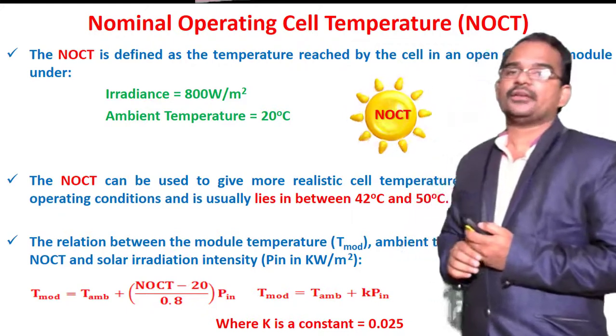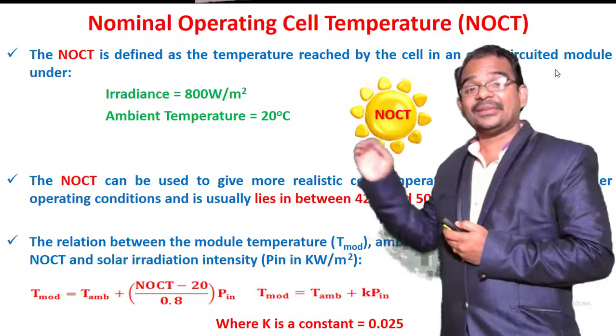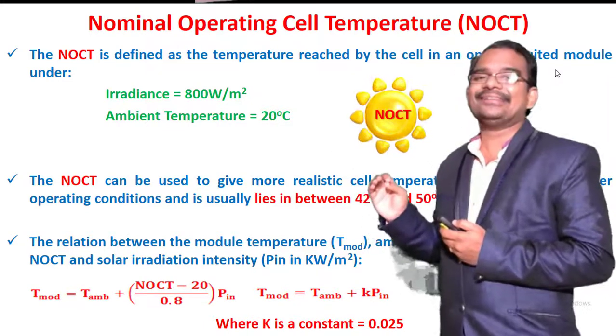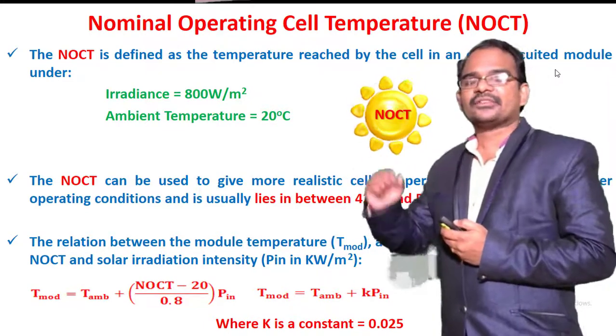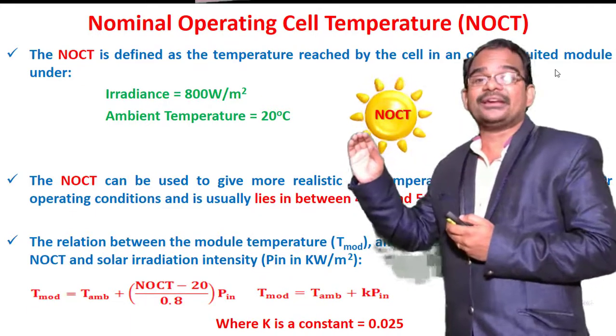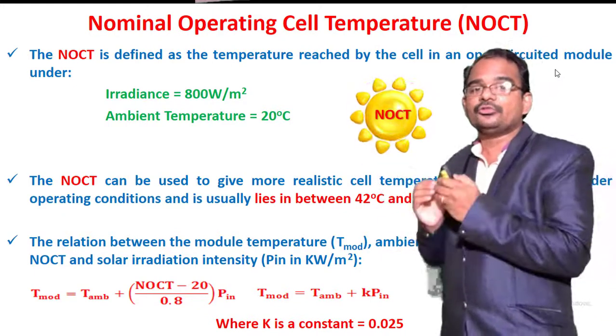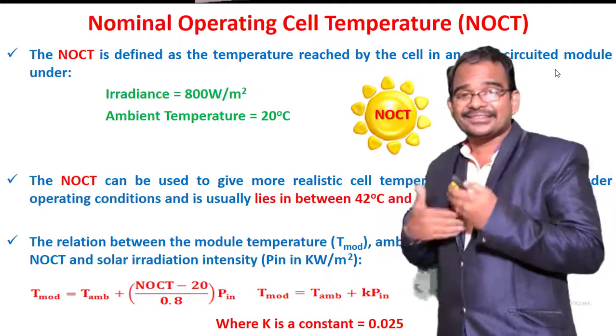So what is NOCT? When you operate the solar panel at 800 watt per meter square and an ambient temperature of 20 degrees centigrade, the solar cell will be heated to some temperature, and that temperature is called the normal operating cell temperature.